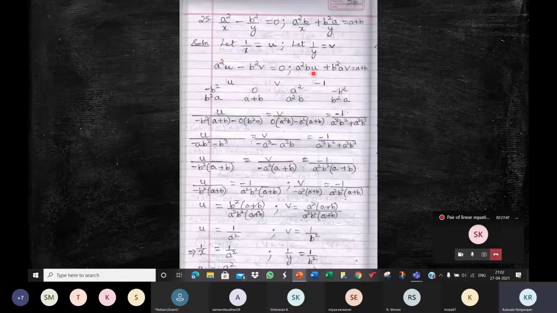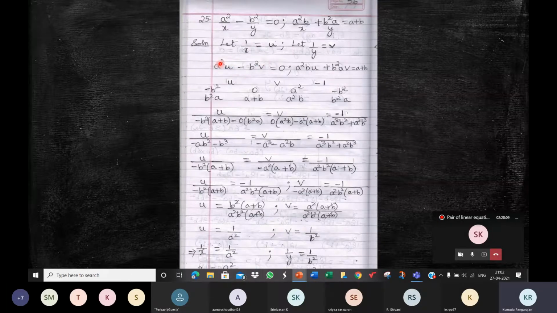The two equations are linear in u and v. Now you will say a squared, the power is 2, so it's quadratic. No. A is a coefficient, and u and v are the variables. The power of u is 1, the power of v is 1.